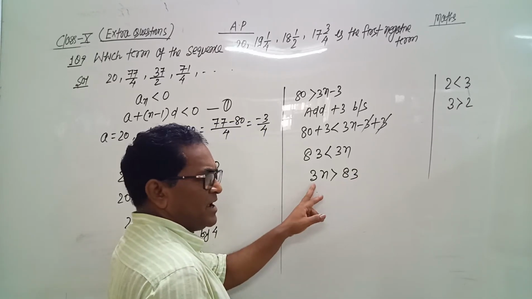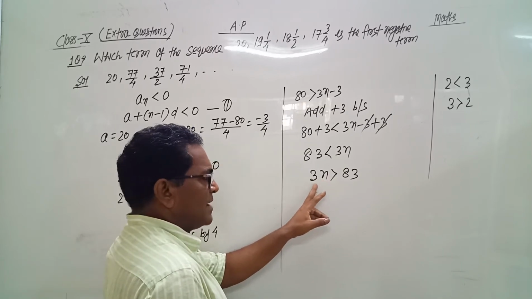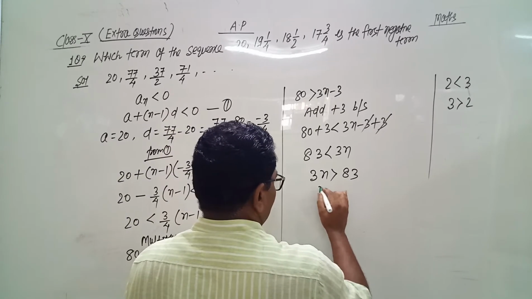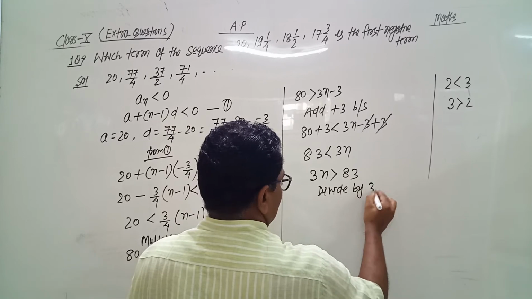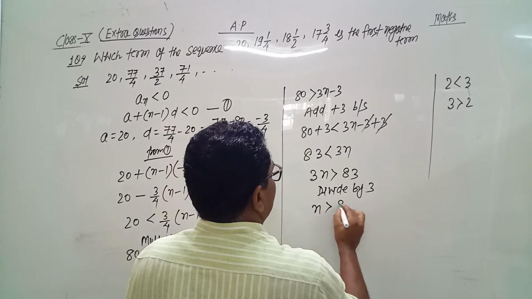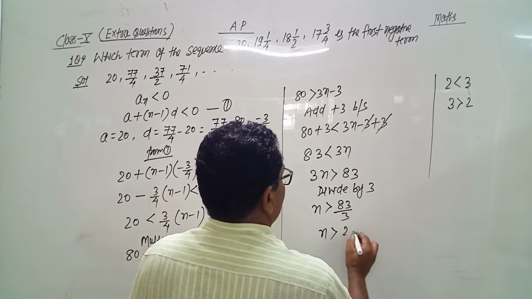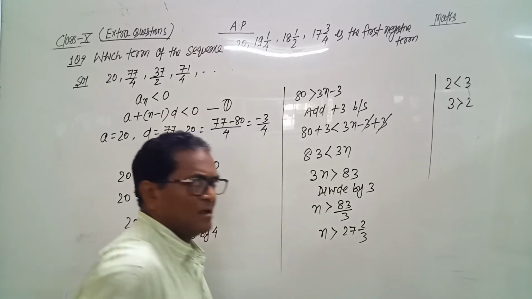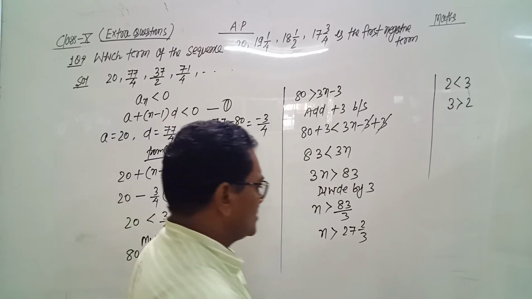To obtain the value of n, we will have to remove 3. So divide by 3, both sides. So n is greater than 83 by 3, and n is greater than 27 2 by 3.